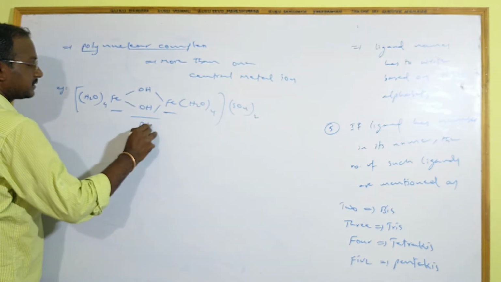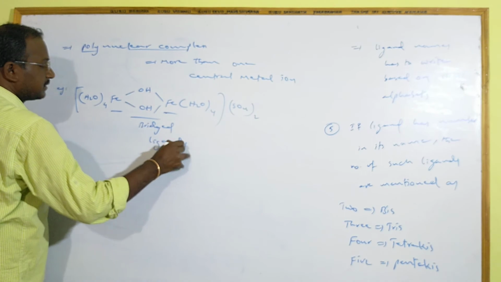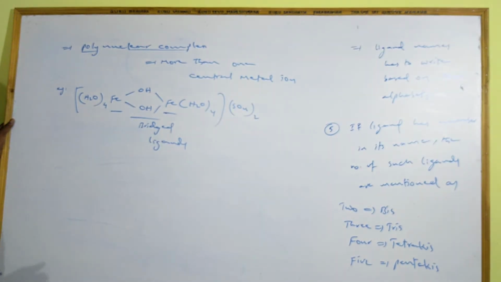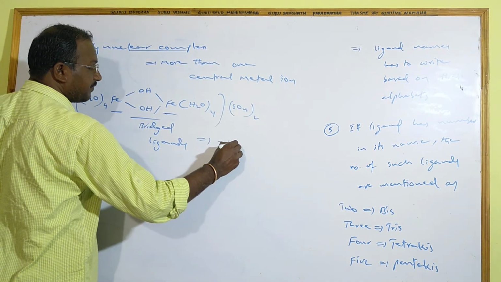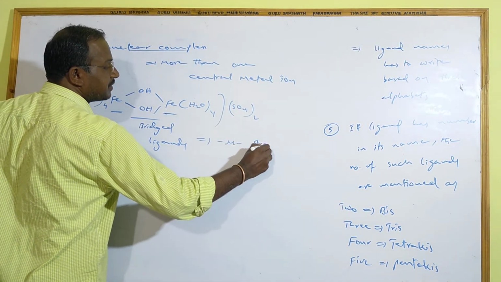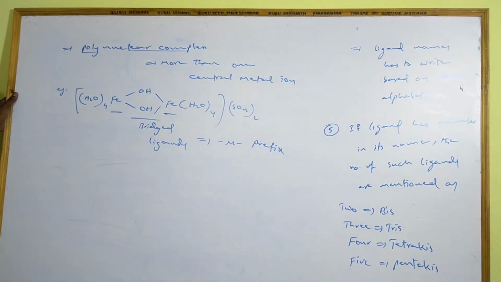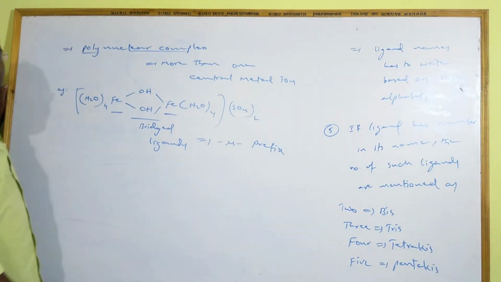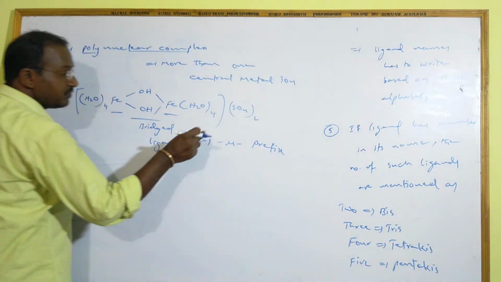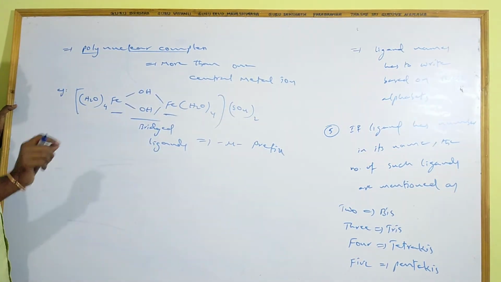Bridge ligands. If bridge ligands are there, their names compulsorily have the prefix mu. Bridge ligands must be assigned mu as the prefix. By mentioning mu, you write it. This is just an addition for polynuclear complexes. Mu will be there if the ligand is a bridge. The prefix should compulsorily be there.